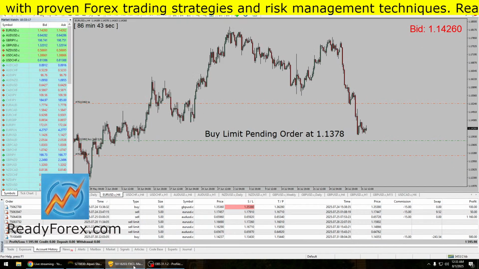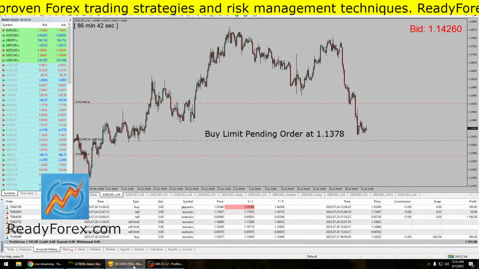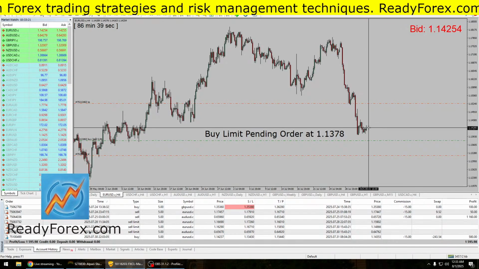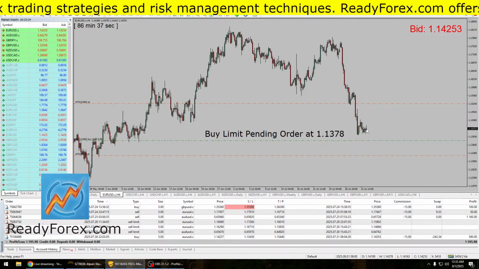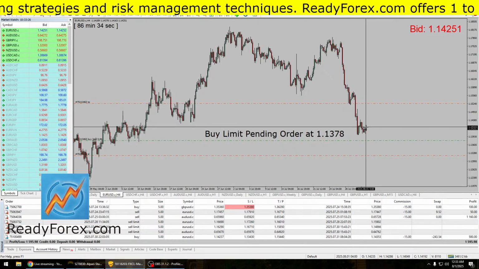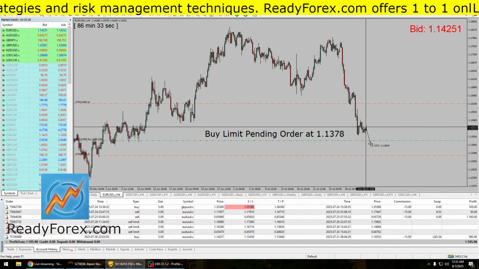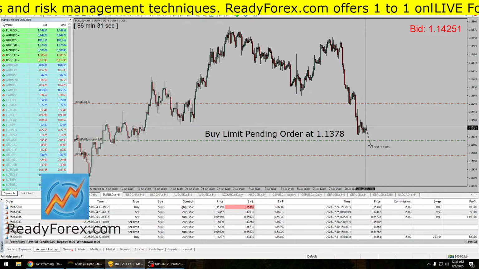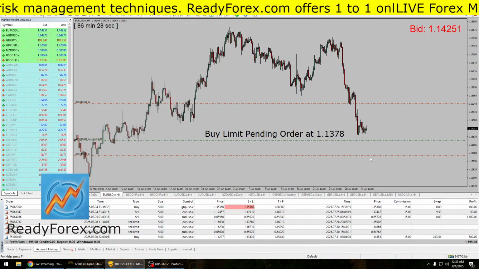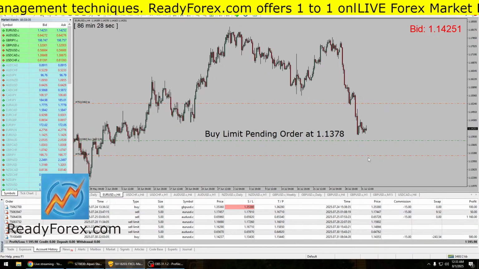So regarding the Euro USD, let's go back to the chart. So Euro USD is going nowhere. It's just moving sideways. It might fall, and if it does, my plan is to buy down over here. But I have placed a stop loss. Losing trades do occur. It is the cost of doing business.